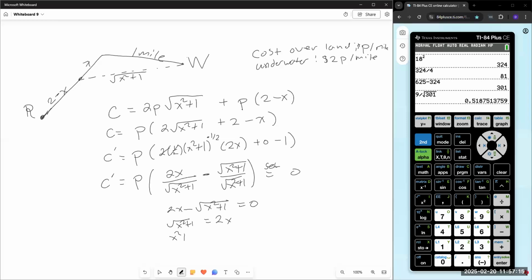X squared plus 1 is equal to 4x squared. And I have 3x squared is equal to 1, making x squared equal to 1 over 3, or x equal to the square root of 1 over 3, or 1 over the square root of 3, which is the square root of 3 over 3 when I rationalize, and x is in miles.